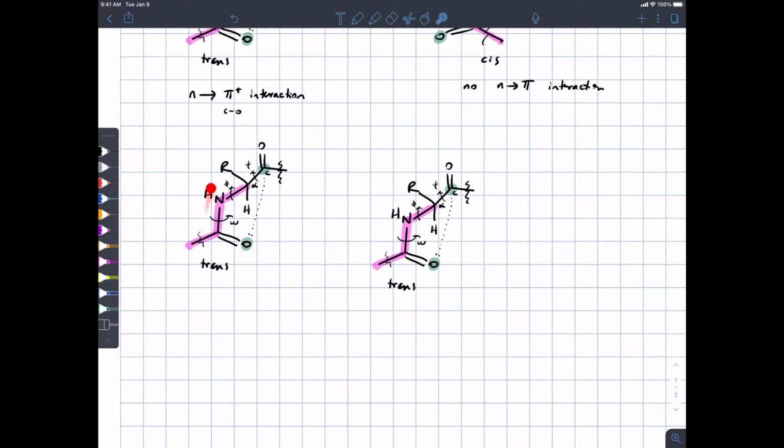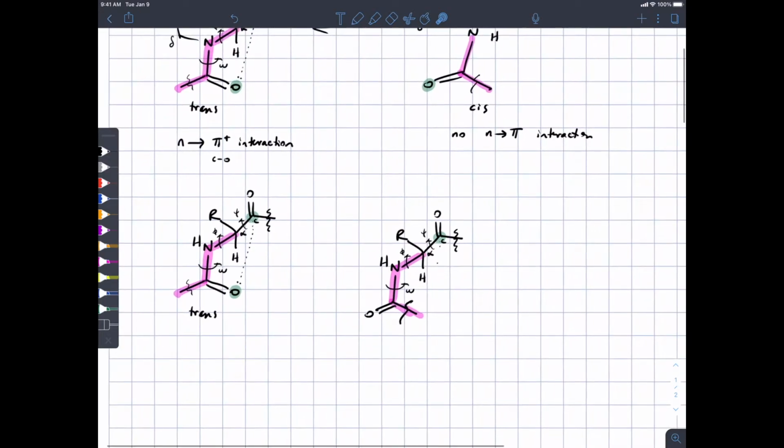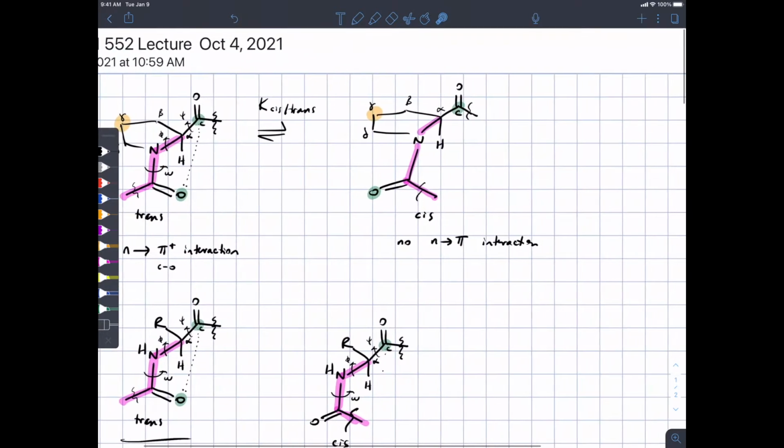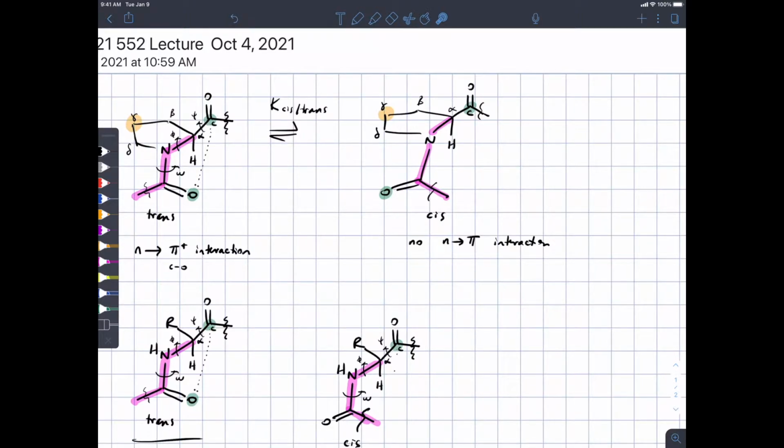It's cis to a proton, which is not very big. In contrast, if you made the cis amide, now your carbon here is on the same side as the alpha carbon there, and that's more sterically demanding. So in the case of regular amino acids, the trans configuration is preferred, but for proline, there's not as much of a preference for cis versus trans. All right.